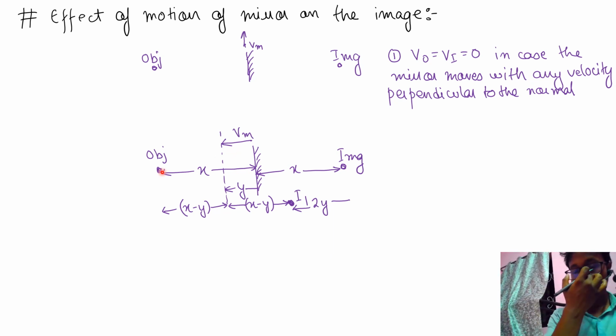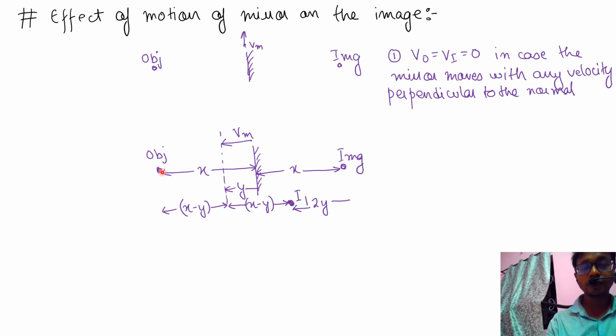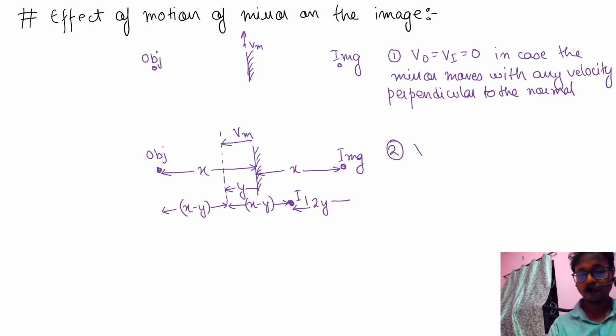In case of object, the velocity of object was opposite to the direction of velocity of mirror.